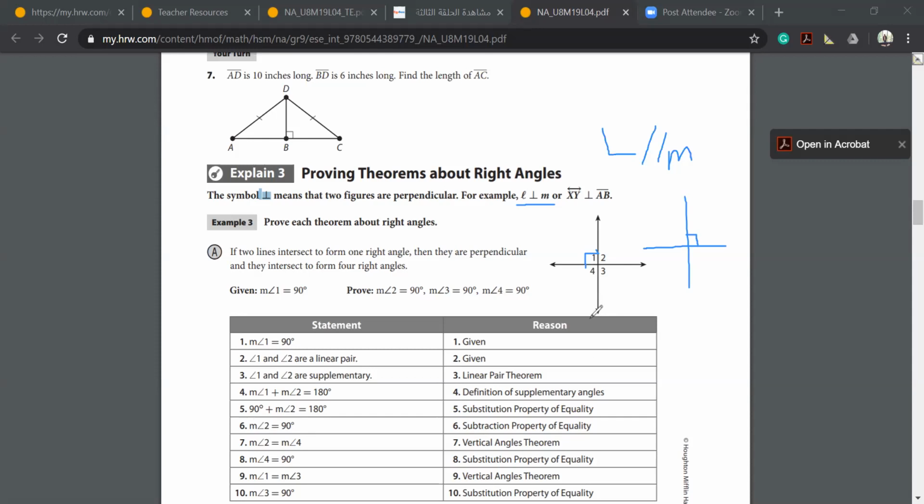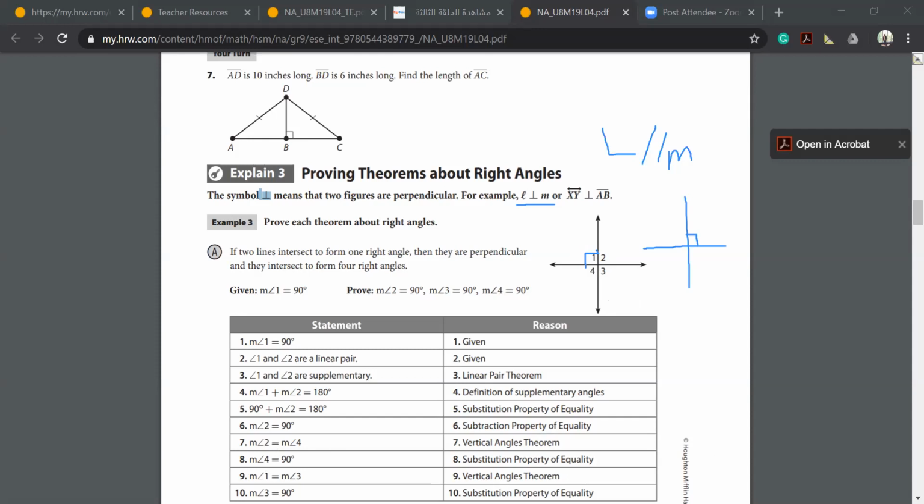Till now, 1 was given to be 90. We proved that 2 is 90, and we proved that 4 is 90. I still have 3. Again, 3 and 1 are what together? We have again another giant X in here, right? So 1 and 3 are again vertically opposite angles. So we can say in here that measure angle 1 will be equal to measure angle 3 because of the vertical angle theorem.